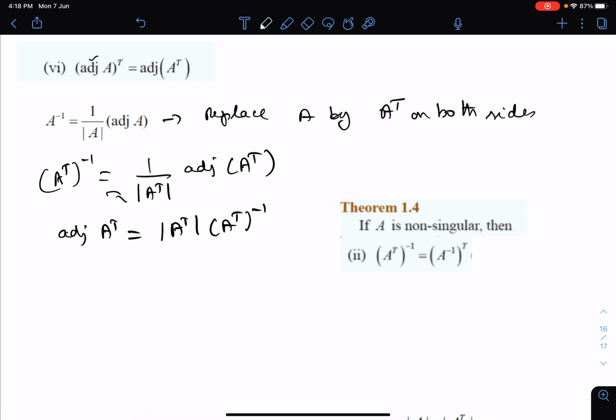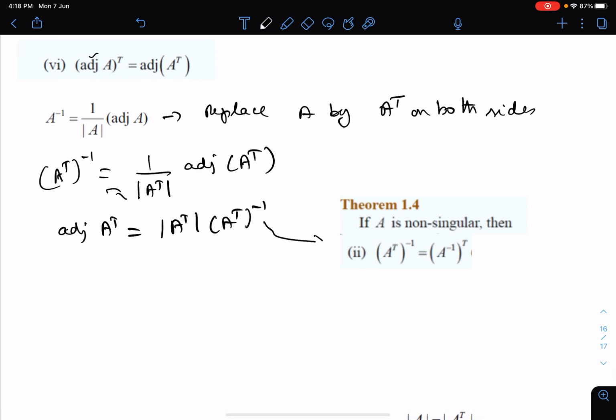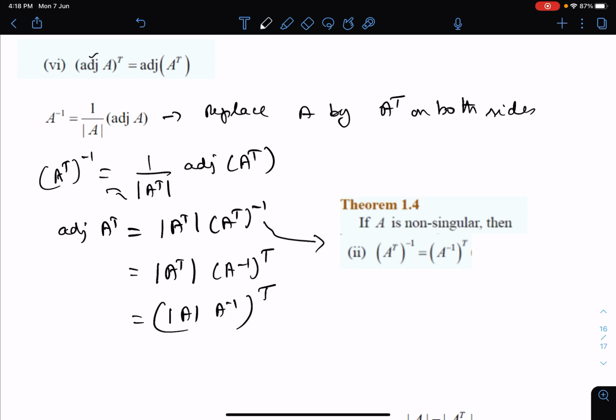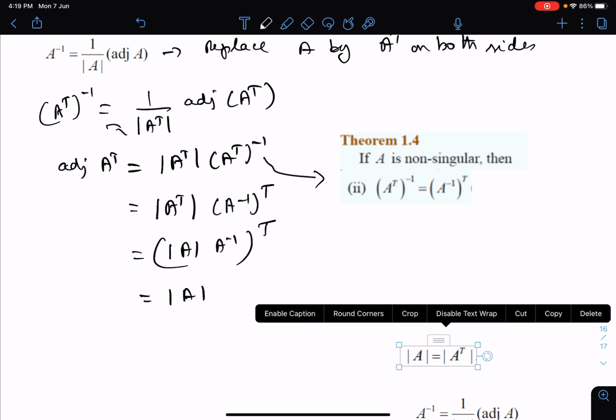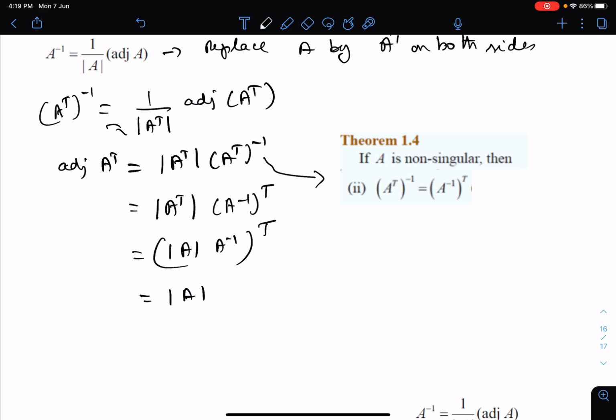So you will get determinant of A transpose into A inverse transpose. Both have transpose, so you can put it as determinant A into A inverse the whole transpose. And here determinant A transpose or determinant A, it is the same.